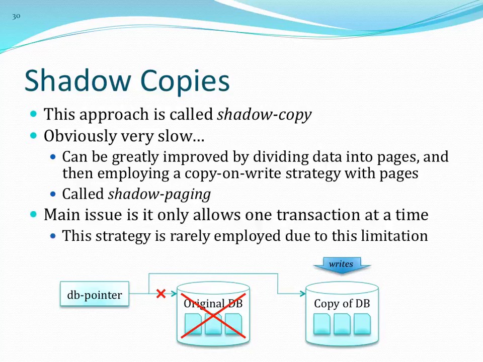But the real issue here is that you can't have overlapping transactions. That's the real issue with this approach. You can't have concurrent transactions. So this approach, shadow paging, is used in some circumstances when you can guarantee that you only need to do one transaction at a time. But it's not used very widely, obviously.